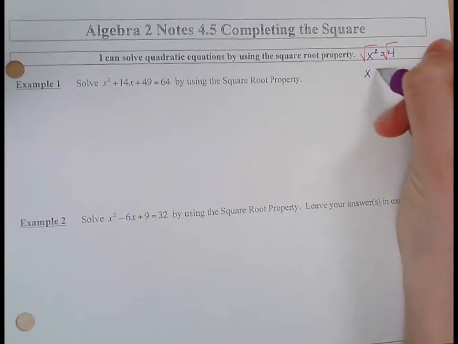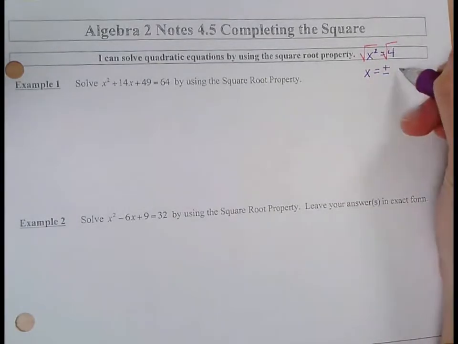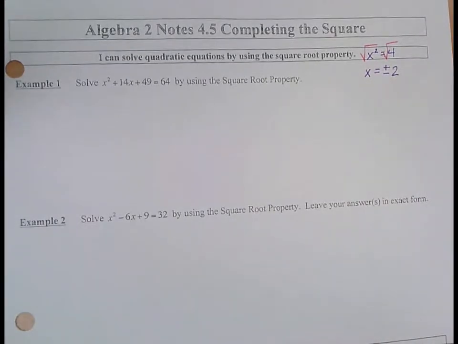That leaves us with x equals plus or minus 2, since 4 is a perfect square. And it is plus or minus because positive 2 squared is 4, and negative 2 squared is also 4. So the idea is you have something that's a perfect square on the left side that you can then take the square root of to get x alone.